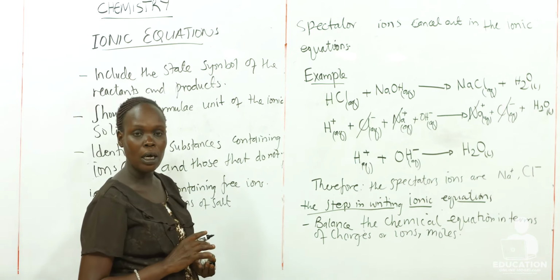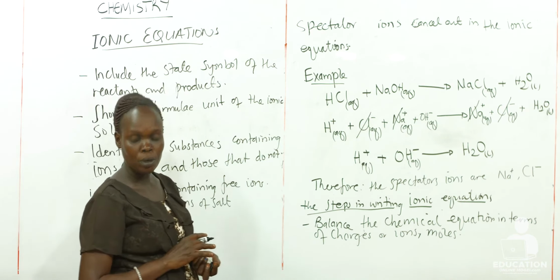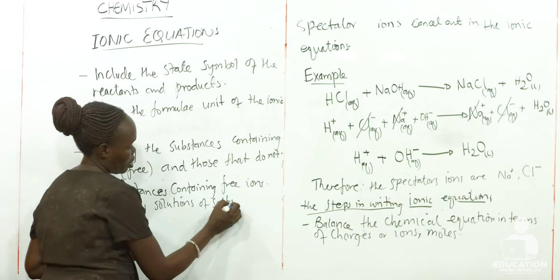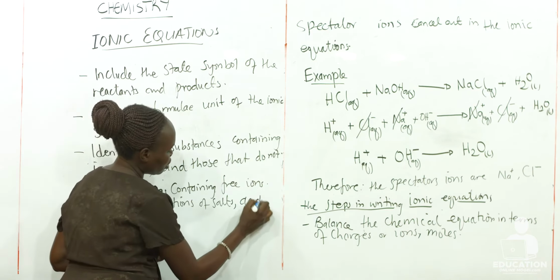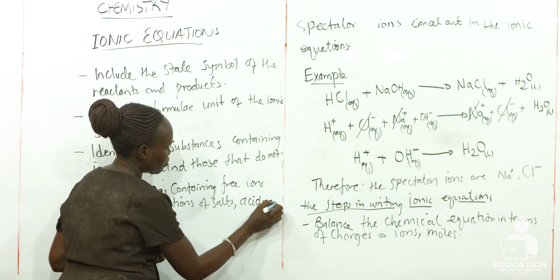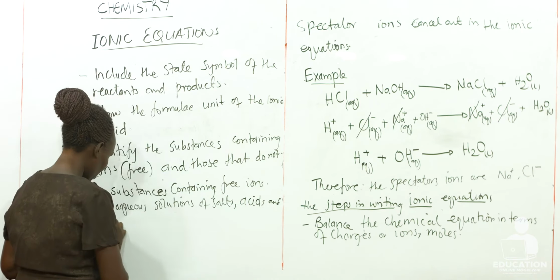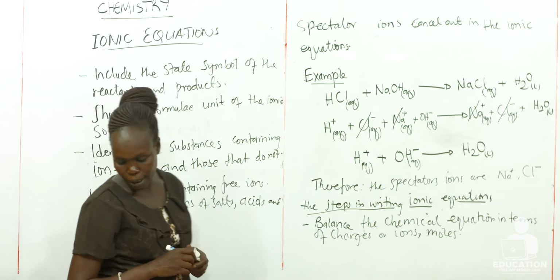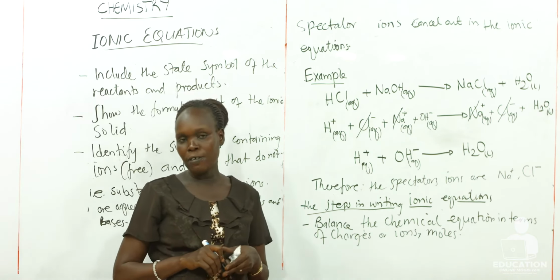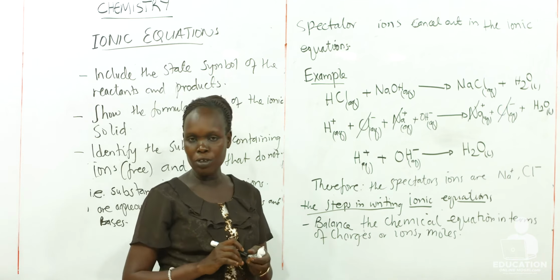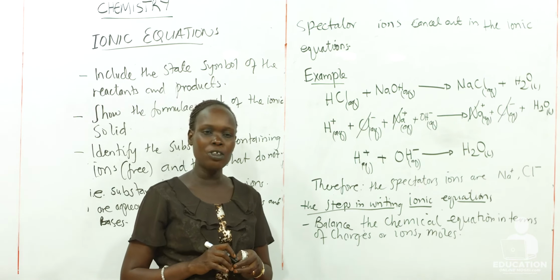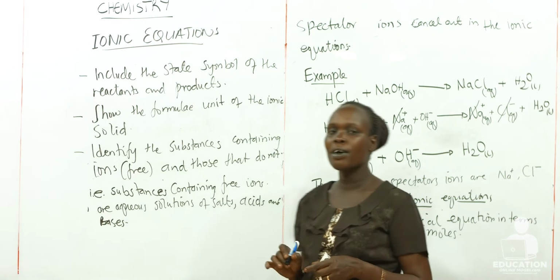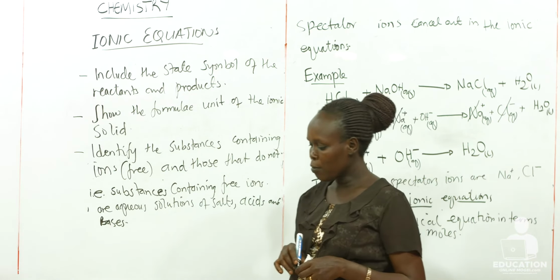When you dissolve a salt in a solvent, it can give free ions, and also acids and bases. So you can get free ions in an aqueous solution of salt, in an aqueous solution of acids, and also in an aqueous solution of bases.